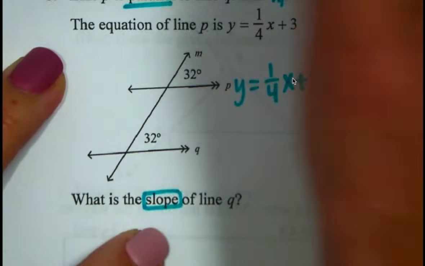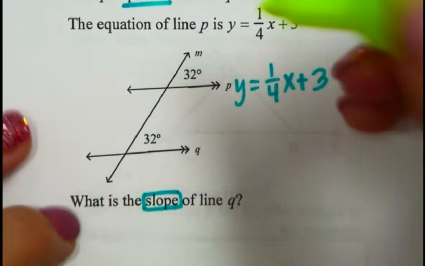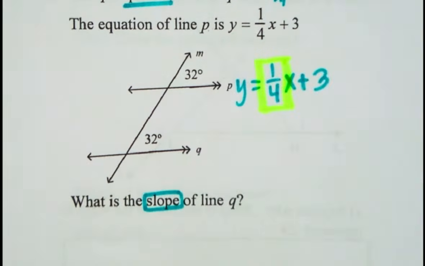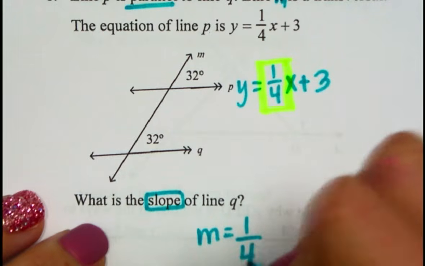So if I want to know the slope of line Q, I'm just looking right here at my slope of line P. Because they're going to have the same slope, my slope for line Q is 1/4.